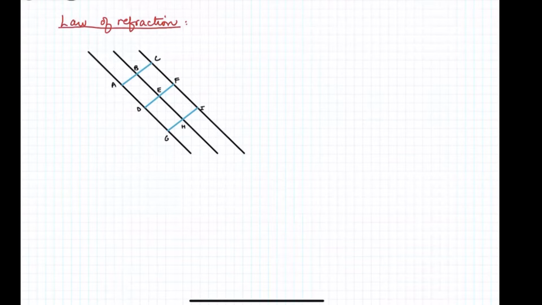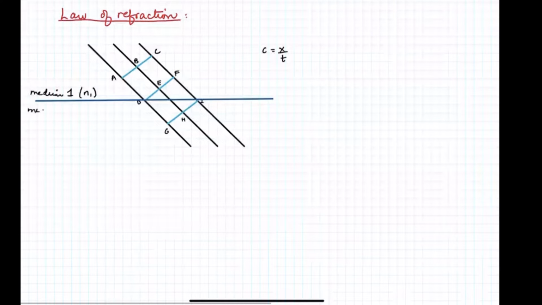If I draw a refracting surface in the middle, let's suppose it passes through points D and I. Now I can write that the speed equals distance over time. So in my medium 1 with N1 refractive index and medium 2 with N2, I can say that the distance that light travels in medium 1 is CT1.